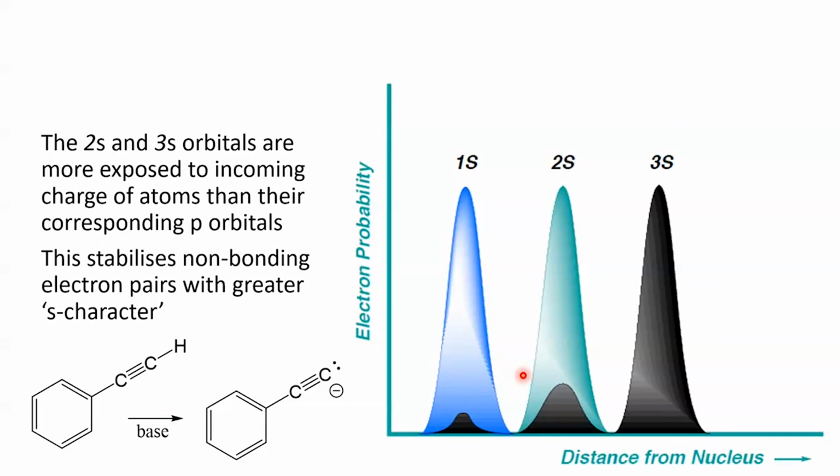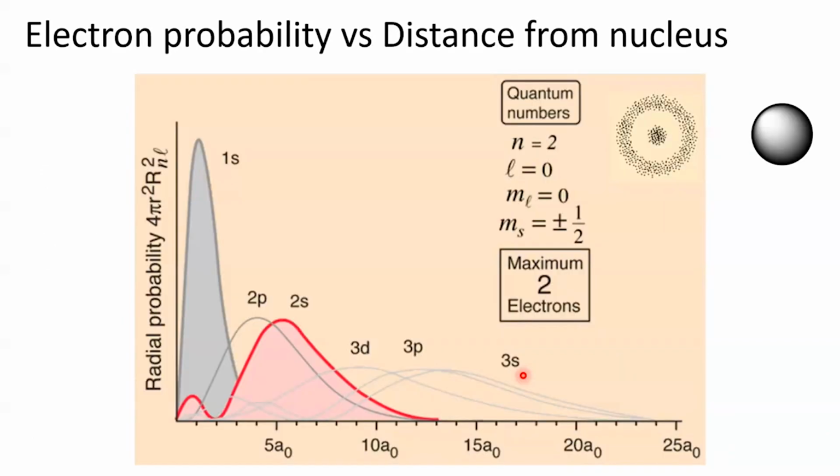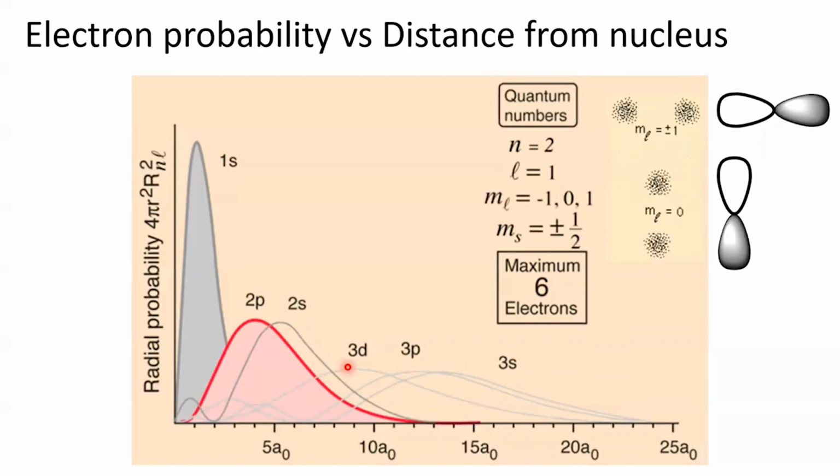orbitals for now. So one interesting factor about the 2s and the 3s orbitals is that they are more exposed to incoming atoms than their corresponding p orbitals. So for example, if we imagine an incoming atom moving in this direction, and our first atom is sitting here at 0, as the atom moves in, the first orbital it's going to potentially encounter is this 2s orbital before the 2p orbital, which is closer to the atomic nucleus.